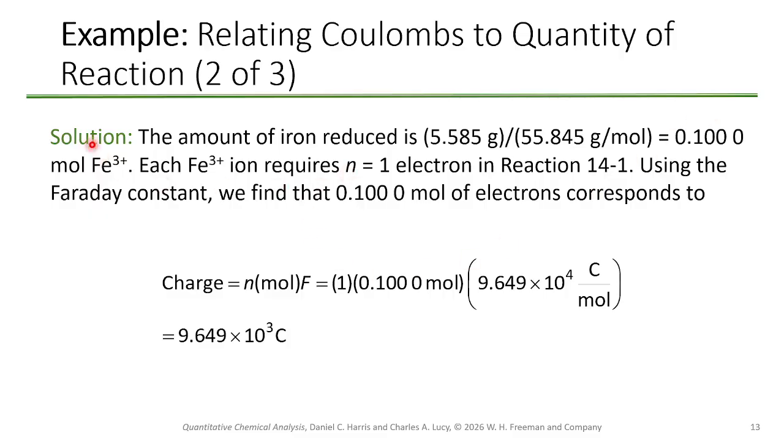That gives 0.10000, the number of moles of Fe3+. Each of those Fe3+ is going to take one electron, so we'll have the same number of moles of electrons transferred. This is then multiplied by Faraday's constant, which gives us our charge in coulombs. Everybody good with that? Anybody have any questions?